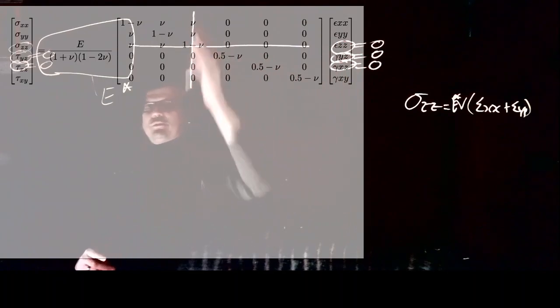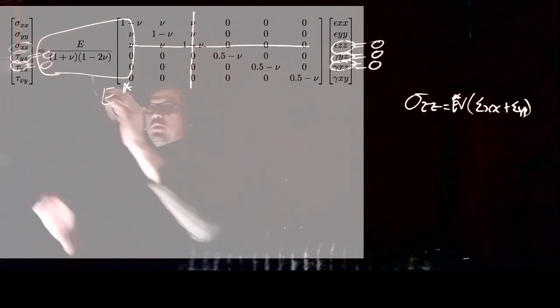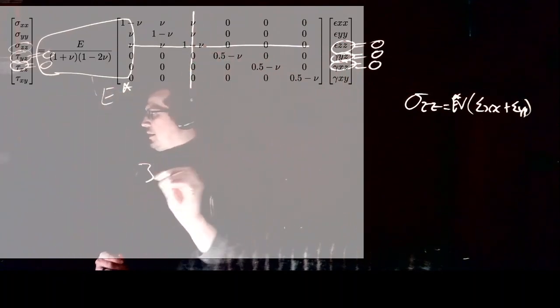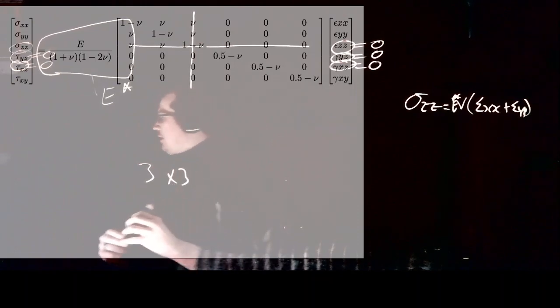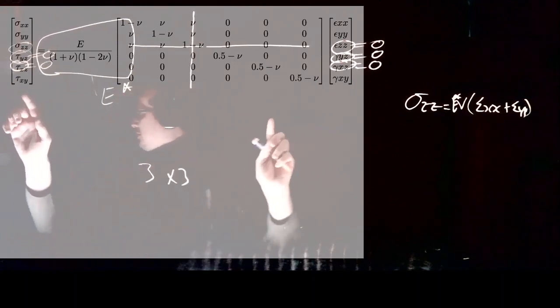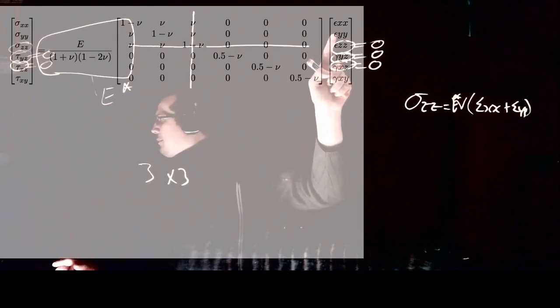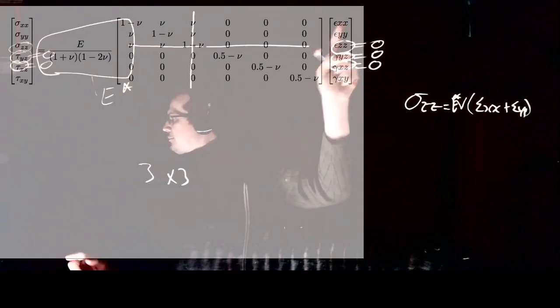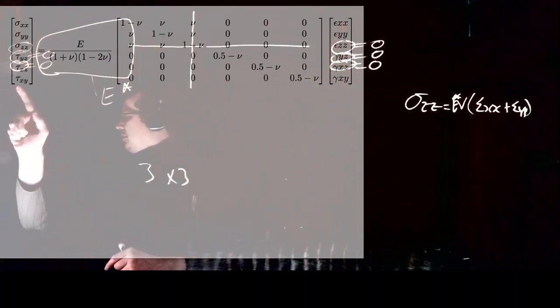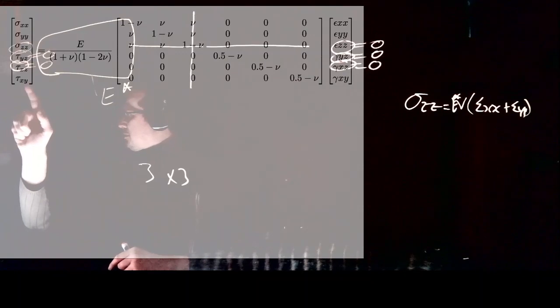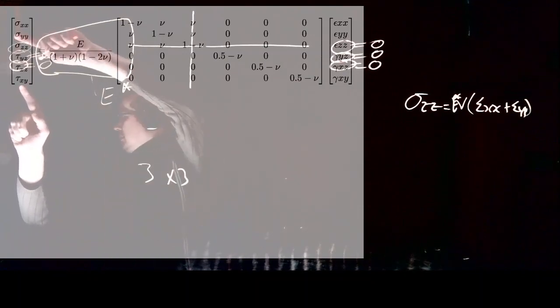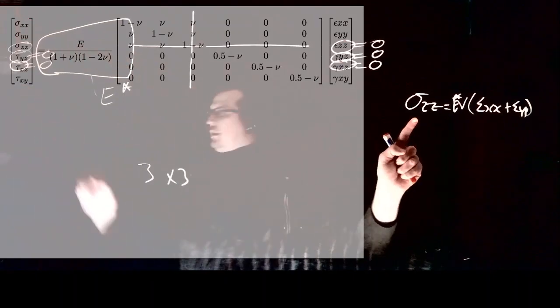If I say 0 times a column, I might as well just take the column out. That's why the system reduces to a 3 by 3 system, where the only strains that are not 0 are gamma XY, epsilon YY, epsilon XX, and that will result in stresses that are non-zero: tau XY, sigma YY, sigma XX, plus sigma ZZ. Okay, so this is not 0.